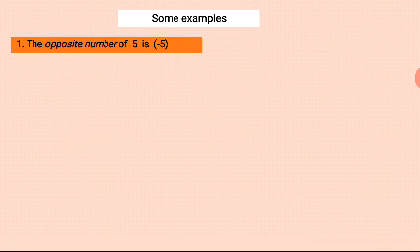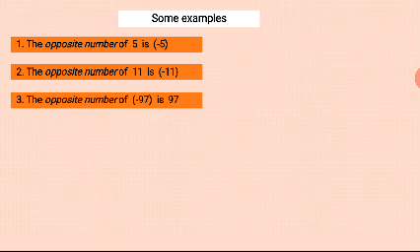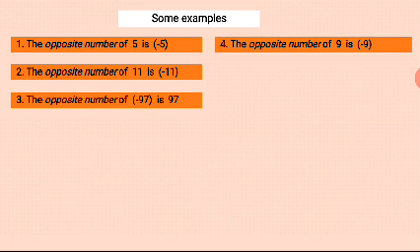The opposite number of 5 is negative 5. The opposite number of 11 is negative 11. The opposite number of negative 97 is 97. The opposite number of 9 is negative 9.